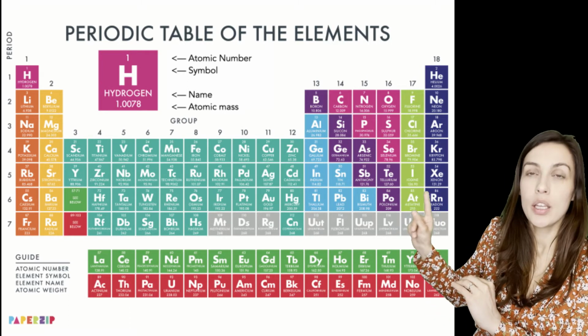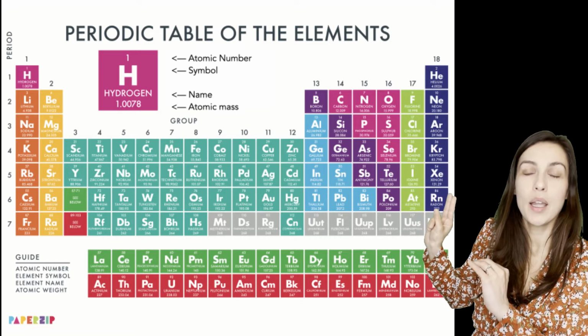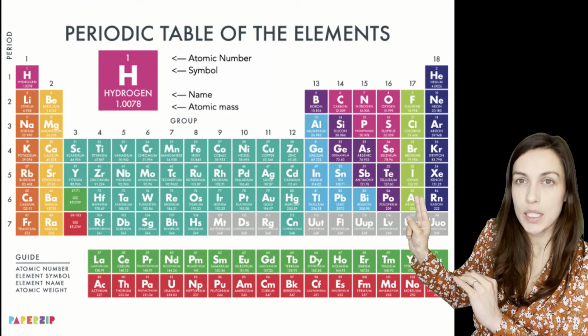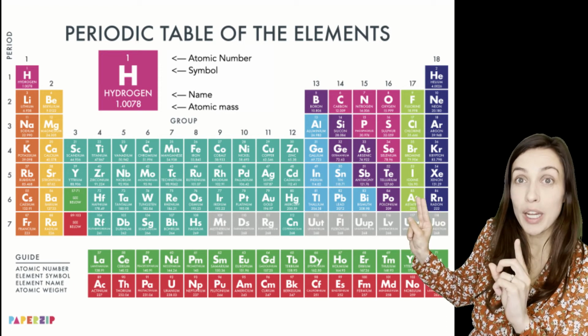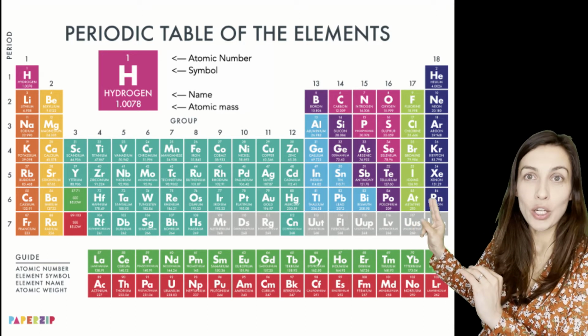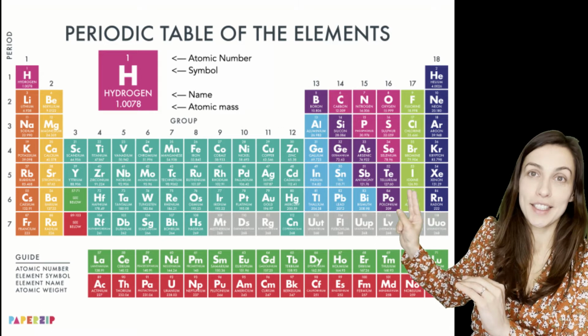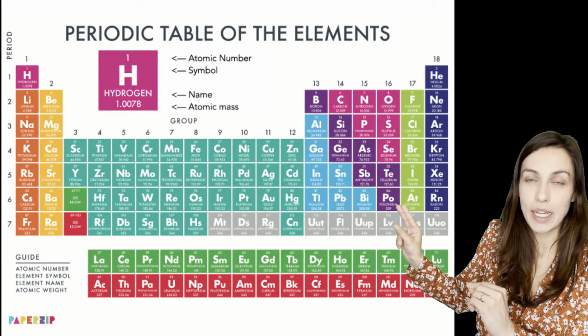First, the atomic number of hydrogen, so the atomic number of this particular chemical element. What that means, we will talk about in a second, but it's a very important number. And notice how you go down the row and across, the atomic numbers of the elements increase.